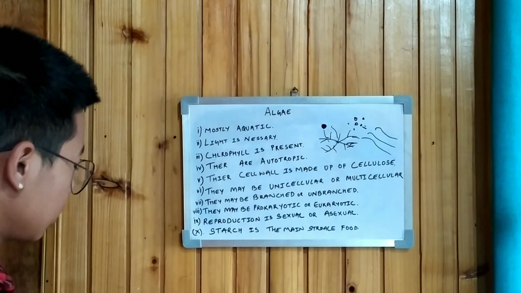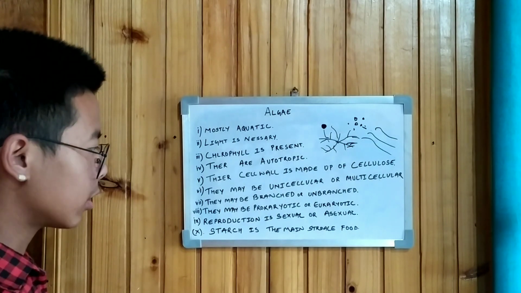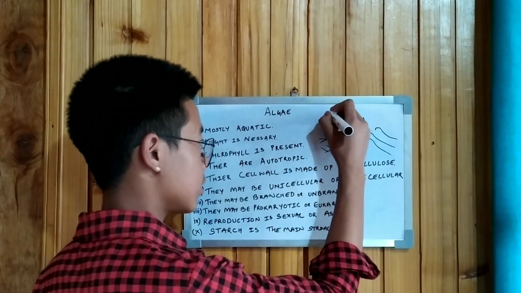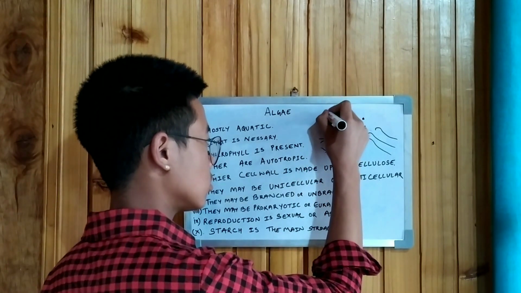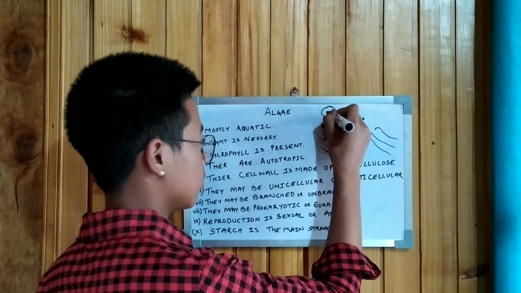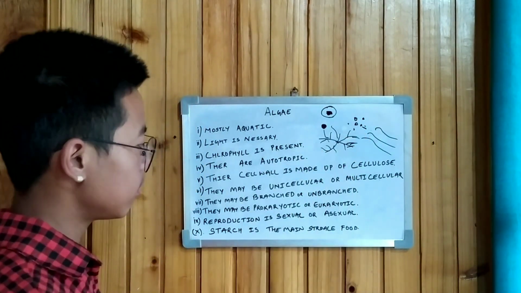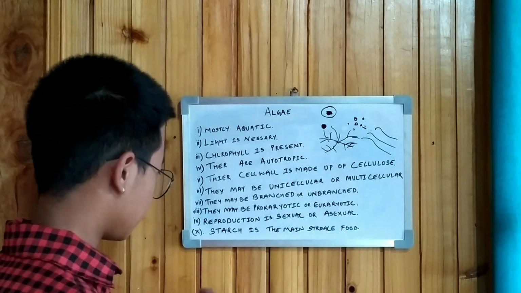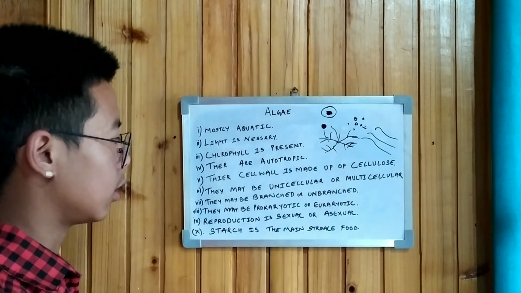The 8th point is they may be prokaryotic or eukaryotic. The nucleus is the center of the cell, a round object in the cell, and it may be well developed or not well developed. Number 9, reproduction is sexual or asexual.